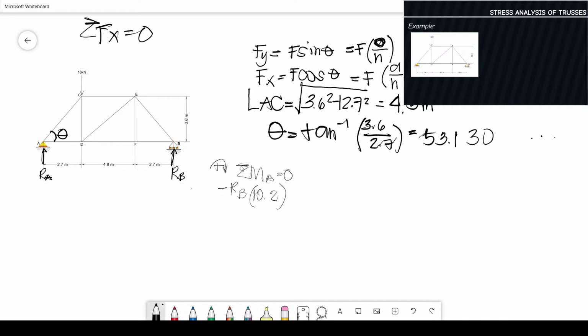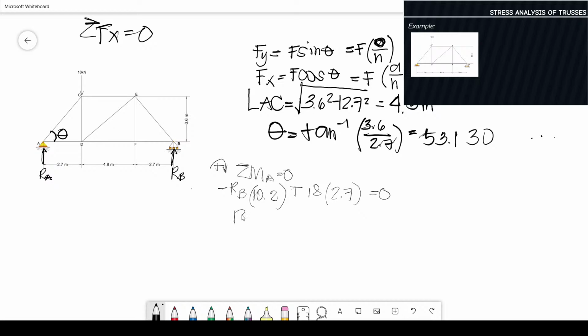Then we have this force, this 18 kilonewton times 2.7. That is opposite the direction of RB, so plus 18 times 2.7. This is equal to 0 since equilibrium kita. Okay?